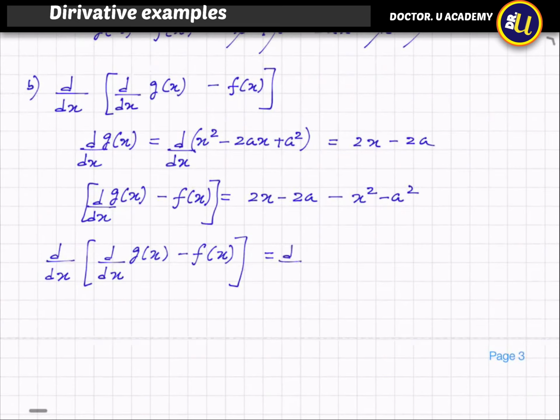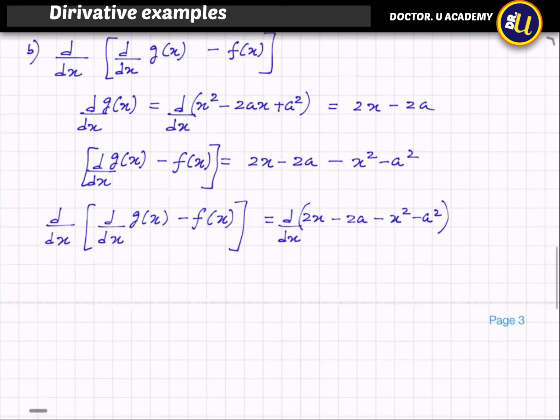So d/dx of 2x minus 2a minus x squared minus a squared, this one over here. So that would be equal to 2, so this is 0 because it's a constant, minus 2x, this one also 0 when you do d/dx on that. So the answer would be 2 times (1 minus x).